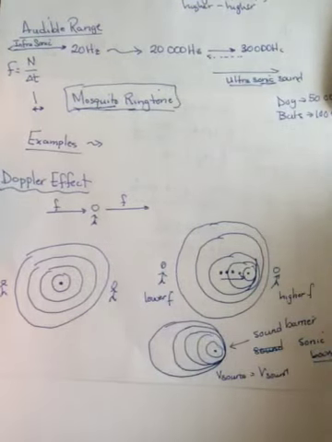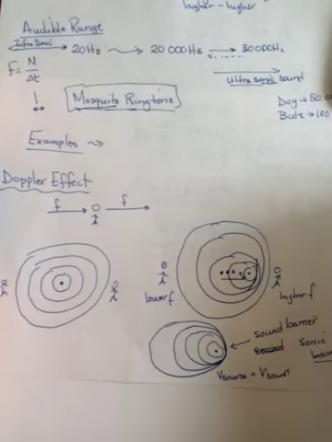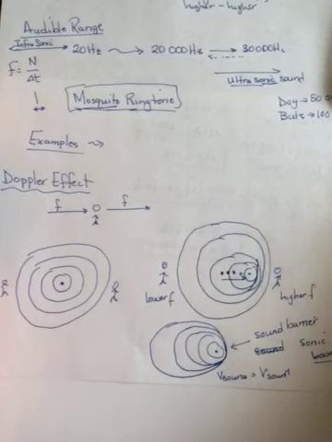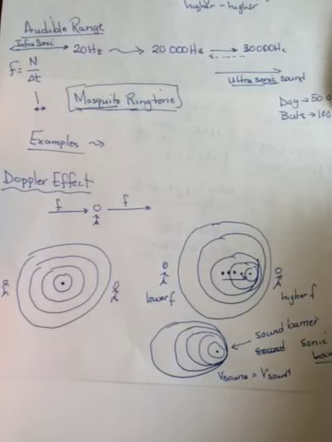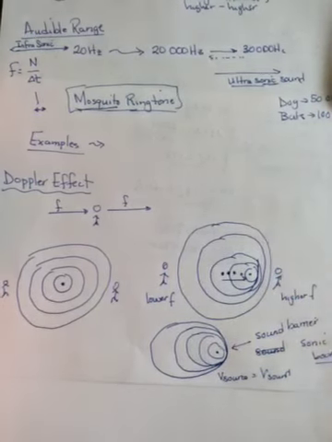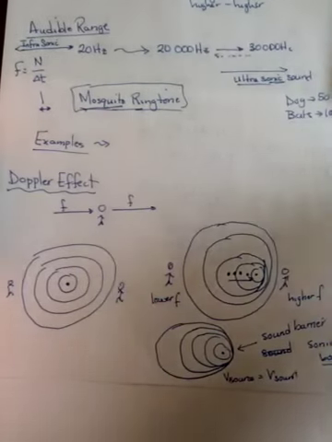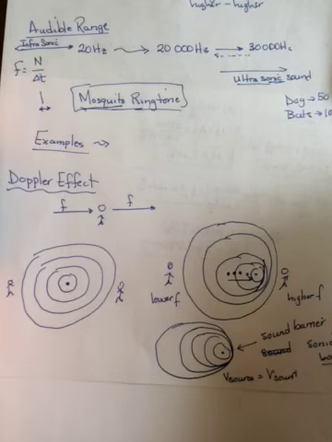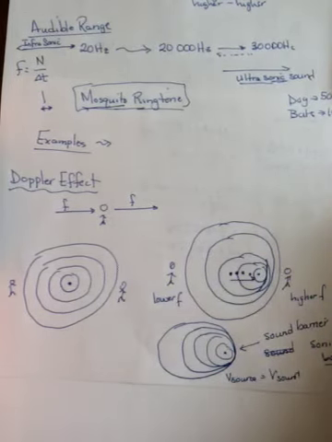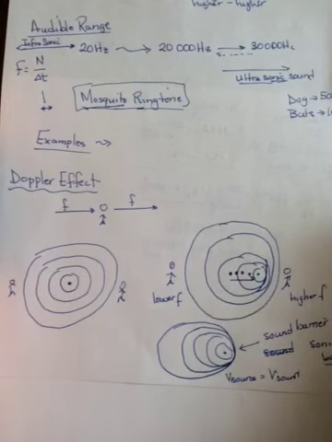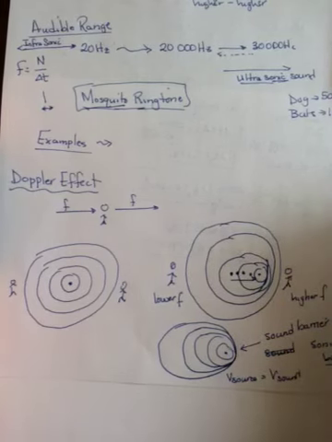If this was light, then in light it would be color. As it's moving towards you and away from you, you would end up seeing a different color. When it moves towards you, you will see blue, and as it moves away from you, you will see red.